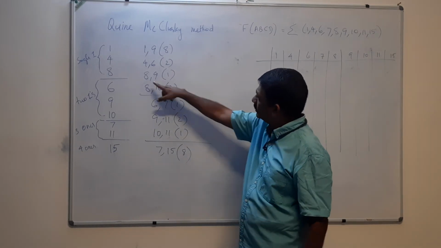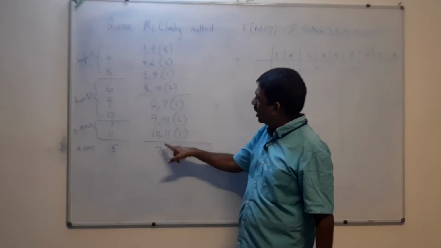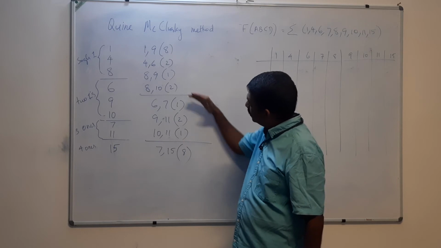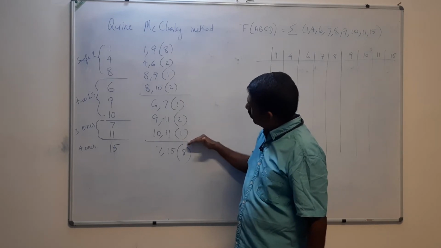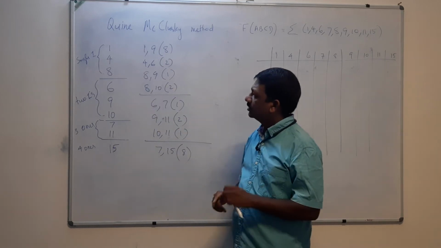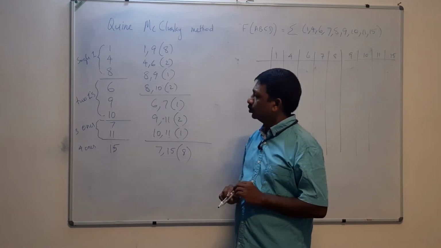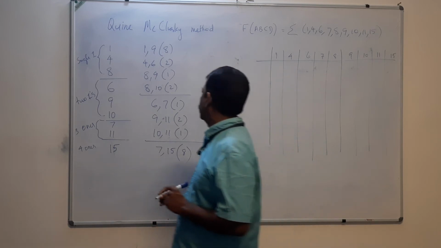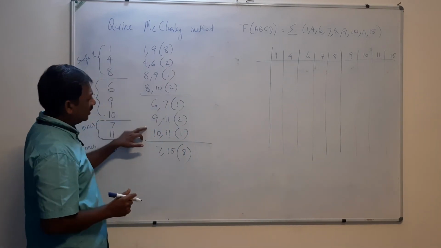We are moving on to the next, 8 9 in brackets 1 and 10 and 11 in brackets 1. And now these two are also compatible, but see, 10 minus 8 is how much? 10 minus 8 is 2. That means 2 is a multiple of 2. That means these two can be combined.